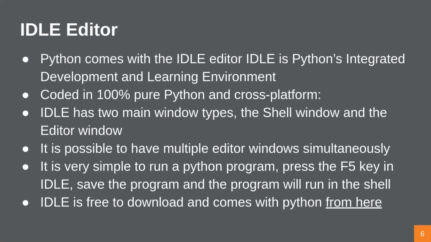Now, idle is a free download and it's Python's integrated development environment, Python's IDE. And it has 2 main windows, the shell window and the editor window. And it's a very, very simple editor to use. So when you go to the Python website, python.org, you download the latest version, it'll already come with idle.